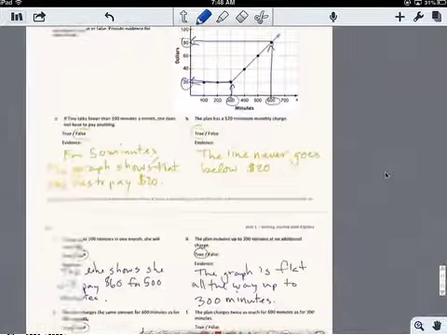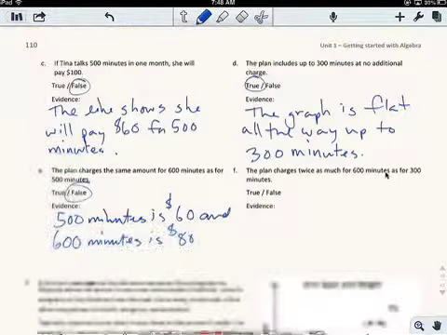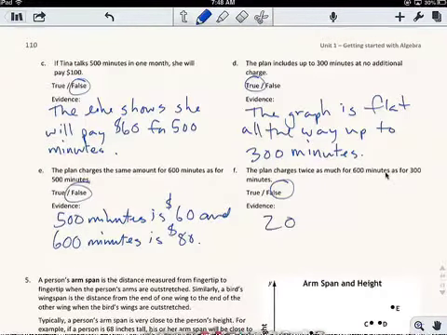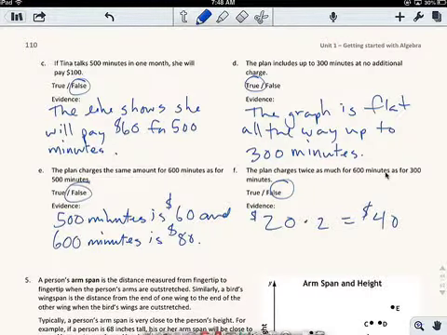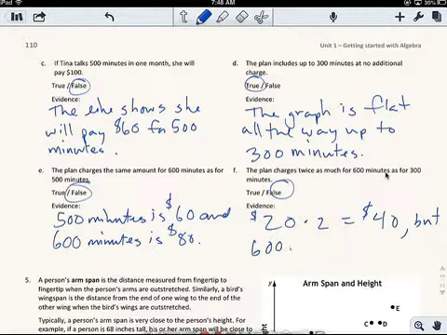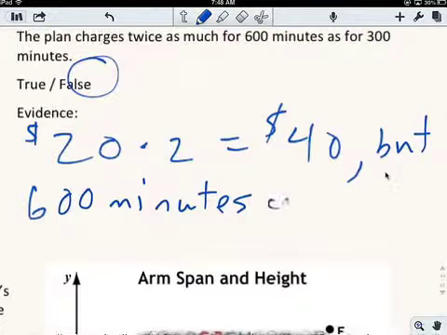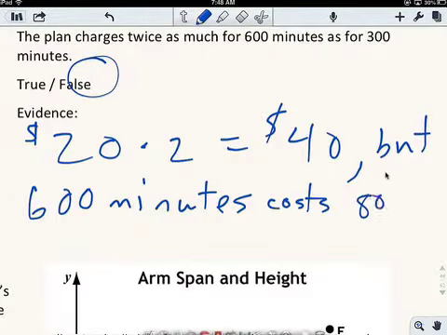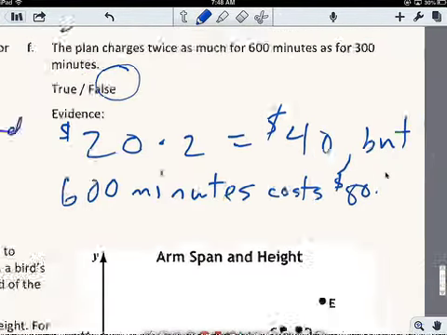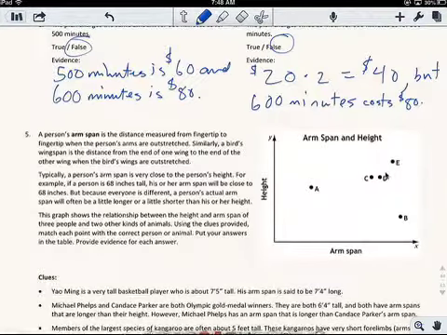So that means that it's false. $20 times 2 equals $40, but 600 minutes costs $80. So it's way more than double.